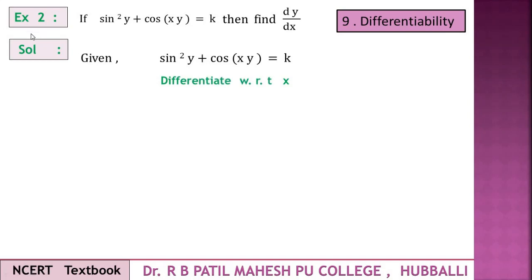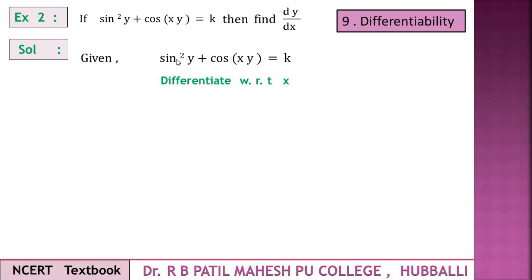Okay, now identify this sine square y. It is sine square y, which means a trigonometric function raised to n. Whatever the variable, don't worry about the variable. First identify the function type. It is function raised to n.